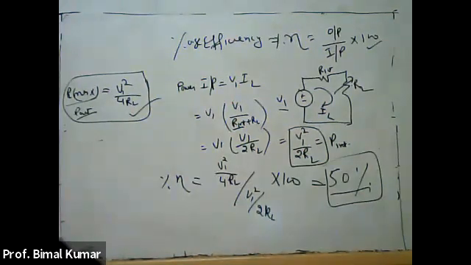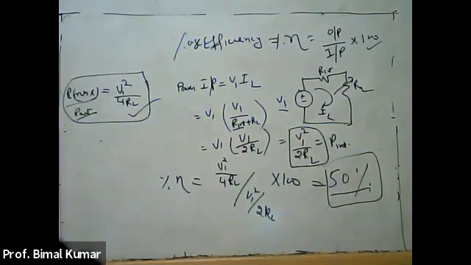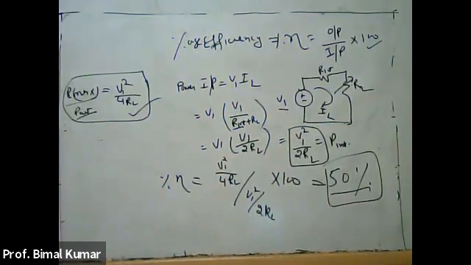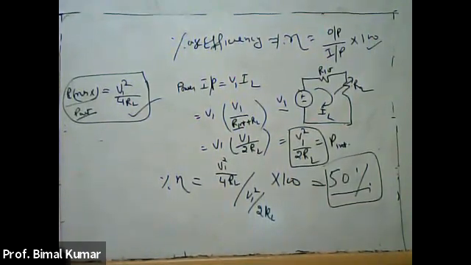So first of all, any network will be given to you. Instead of the value of RL as 2 ohm, 3 ohm, or 5 ohm, some notation will be given to you. That means it will only be represented by RL, right? No magnitude of the RL will be given to you. Fine. So when no magnitude of RL is given, apply the same steps.